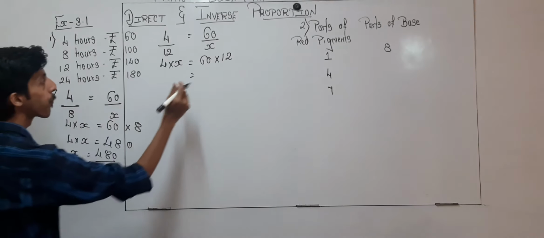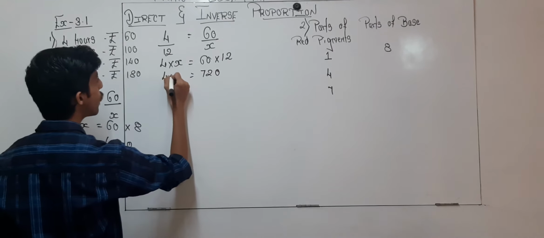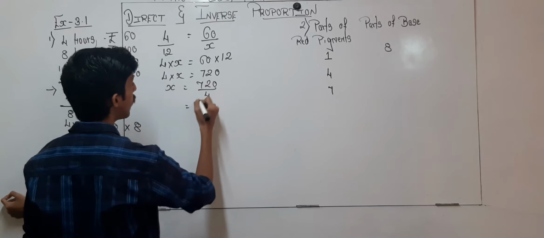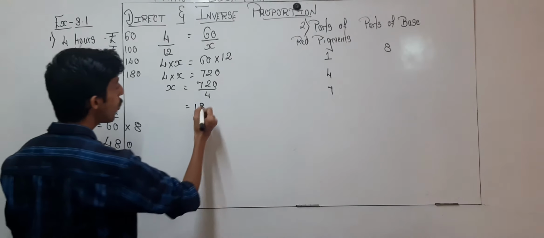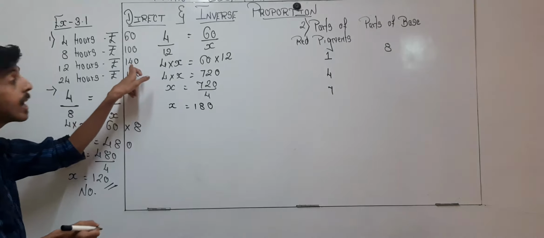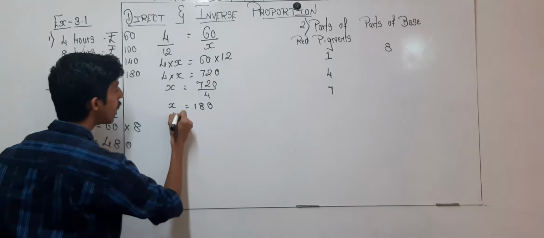So 12 6s are 72, 720. Then x is equal to 720 upon 4: 4 8s are 32, 4 8s are 32, and 0. So my x is equal to 180. Here it is 140. So are they in direct proportion? The answer is no.